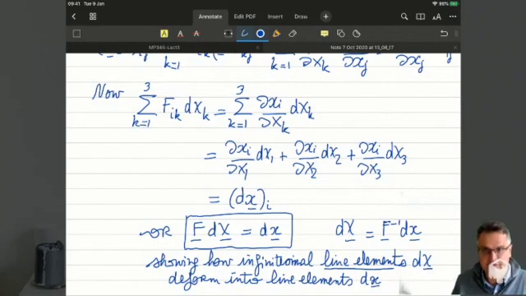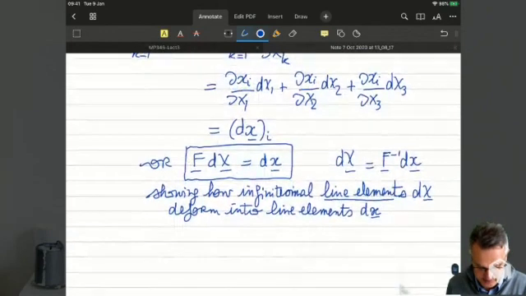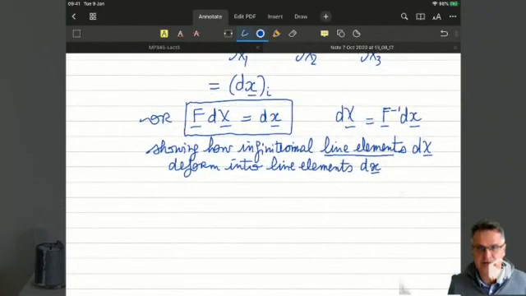And indeed, F shows you how line elements transform one into another. It also shows you how infinitesimal areas and infinitesimal volumes transform one into another. And we're going to see this in the next while. Another thing that F does, it makes the link between those operators, the differential operators in the reference configuration with the capital letter, in the current configuration with no capital letter. F links them one to the other.